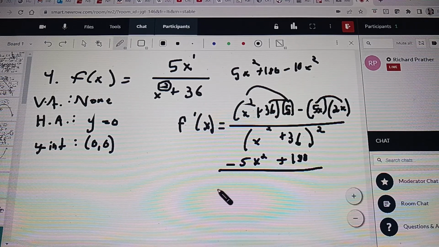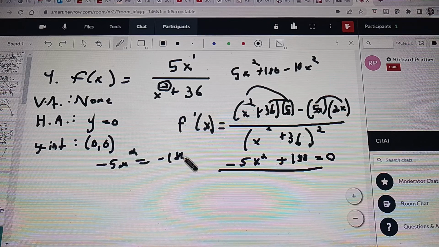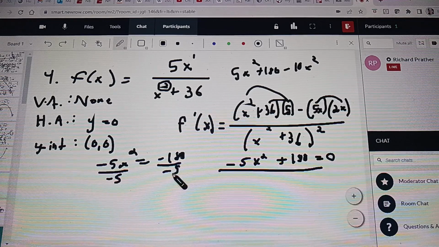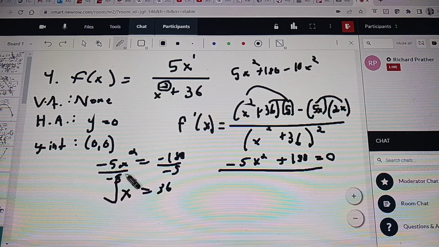And then if I solve that equal to 0, I could subtract 180, divide by negative 5, which will bring you back to 36. So plus or minus the square root of 36, plus or minus 6.